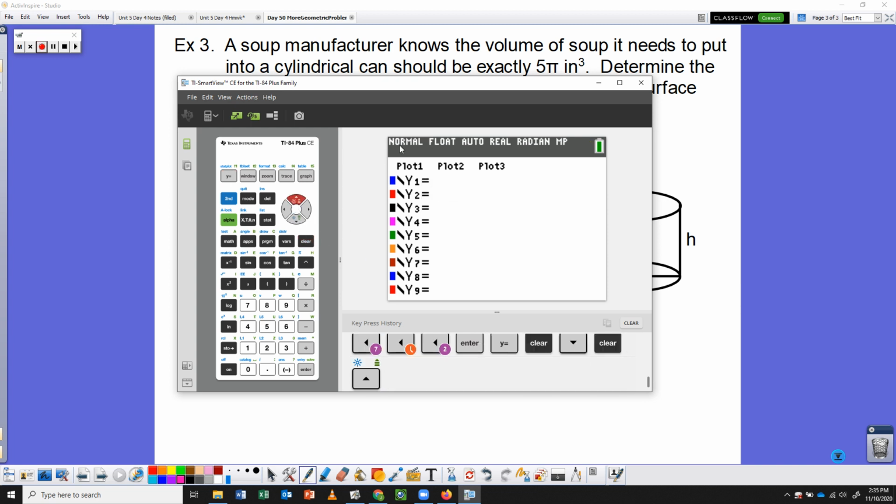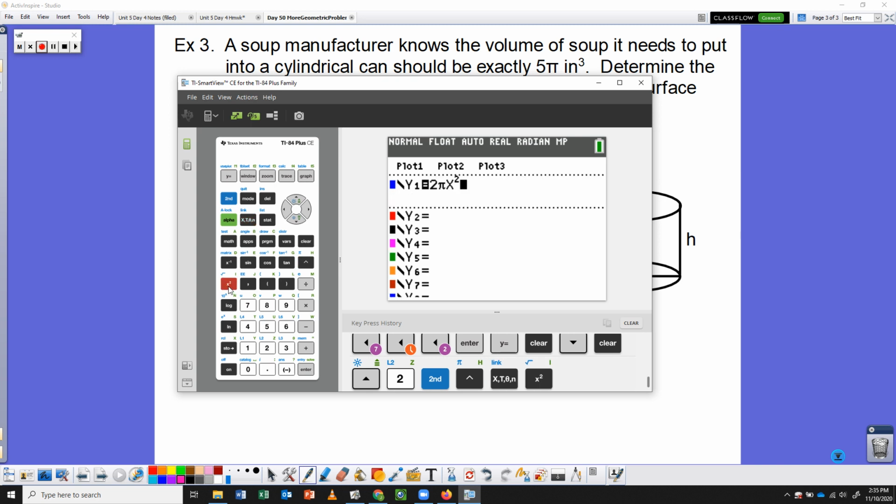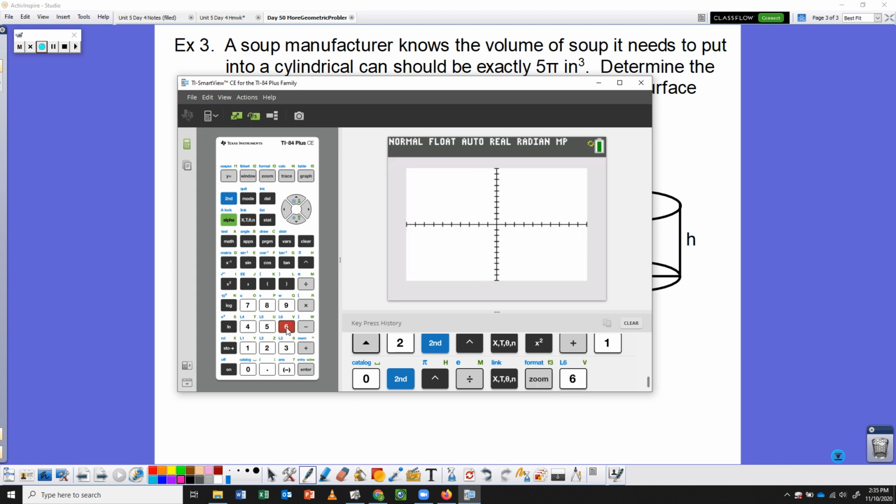We have 2 times pi times x squared plus 10 pi divided by x. Okay, again, if I graph this in my standard viewing window, probably not going to see too much of anything.